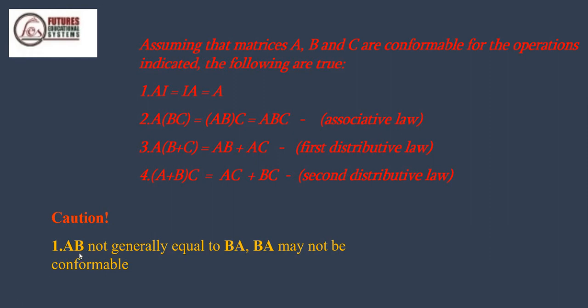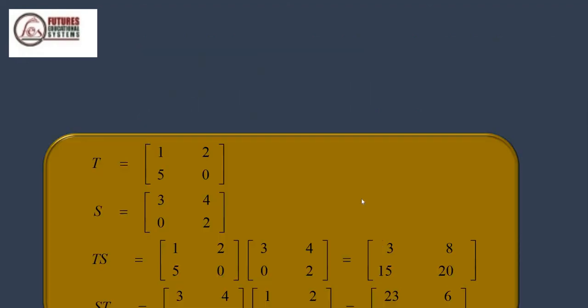Caution: AB is not generally equal to BA. BA may not be conformable. If AB equals 0, neither A nor B necessarily equals 0.